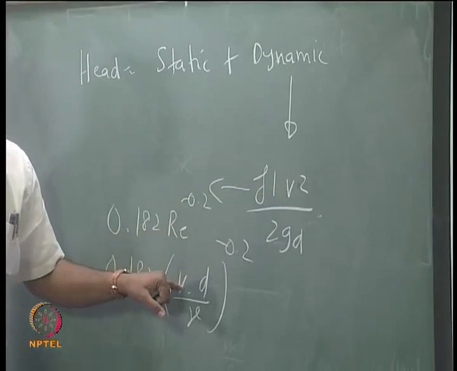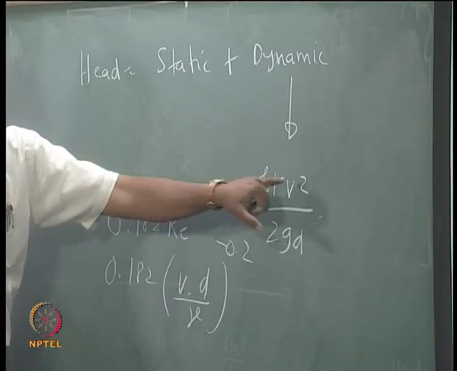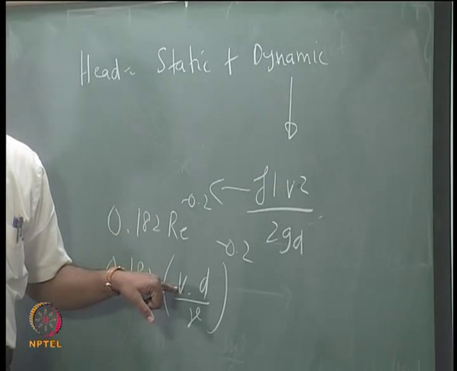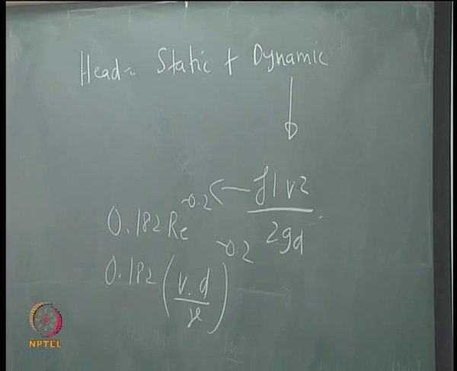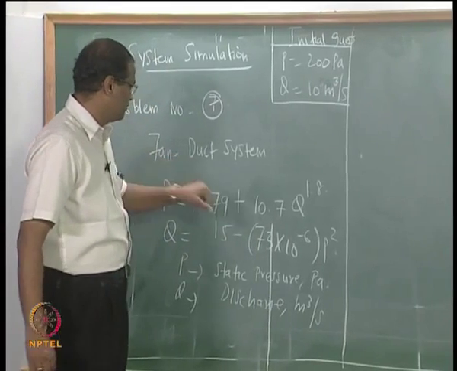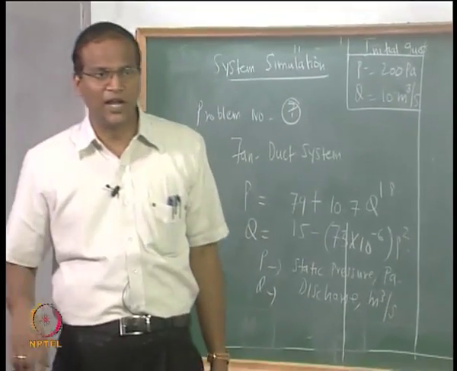V squared multiplied by V to the power of, so what does it give? 1.8. What is this fellow doing? Static, okay. So using regression you can get that.